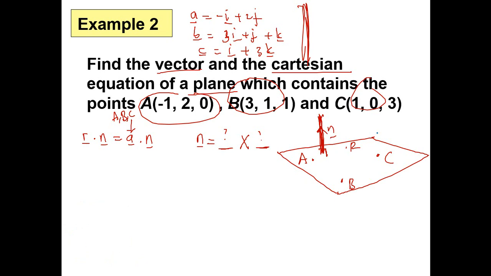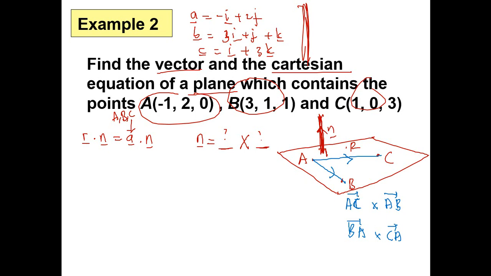You can take any: A to C and A to B, or B to A cross C to A.